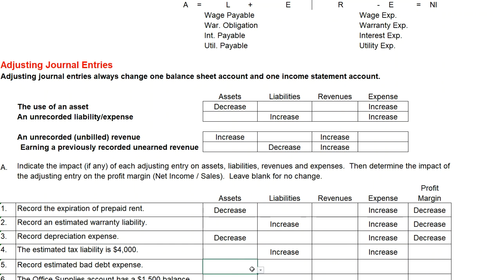If we make sales on credit, we're going to probably have bad debt expense, so we want to record the expense in the same period we made the sale, and we record a decrease in assets in the form of that allowance for doubtful accounts. And again, all of these involved increases in expenses, so we have a decrease in our profit margin.